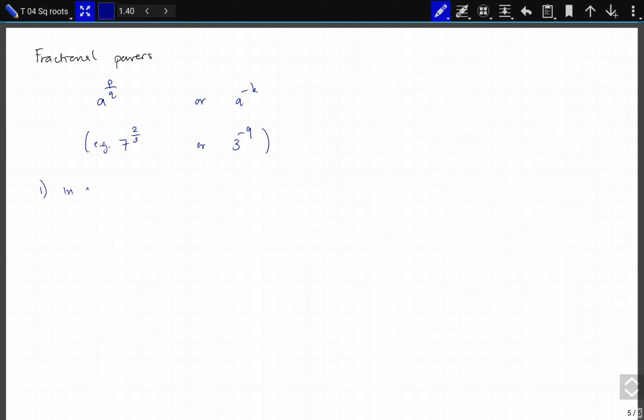In general, a to the u to the v is equal to a to the uv, and so a to the p by q is equal to a to the p to the 1 over q. So this is a power, and this is a fractional power.